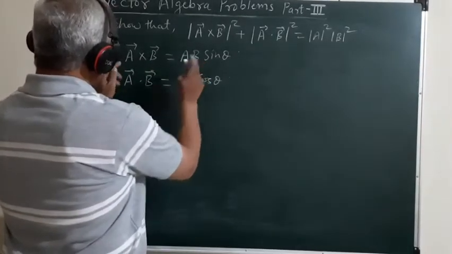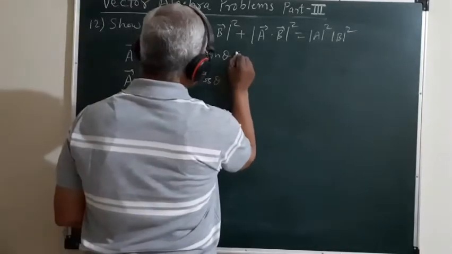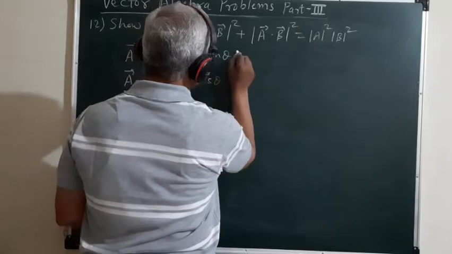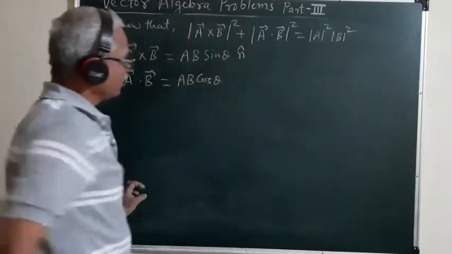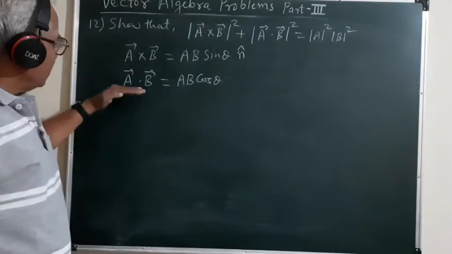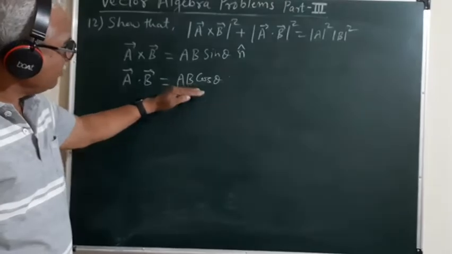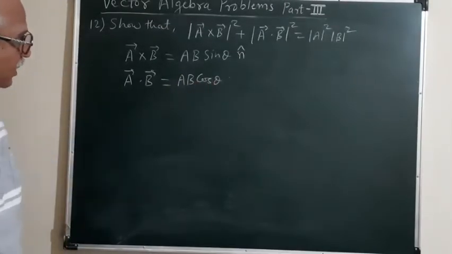A bar cross b bar is a vector, so it can be expressed as ab sin theta into n cap, because it is a vector quantity. And the dot product of a bar and b bar is a scalar quantity, so it can simply be expressed as ab cos theta.